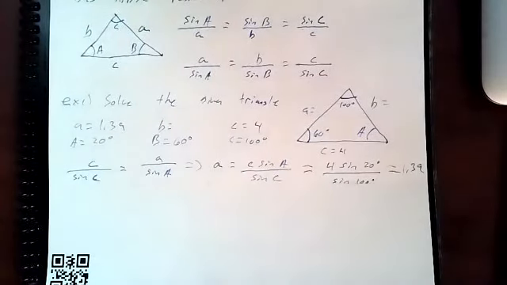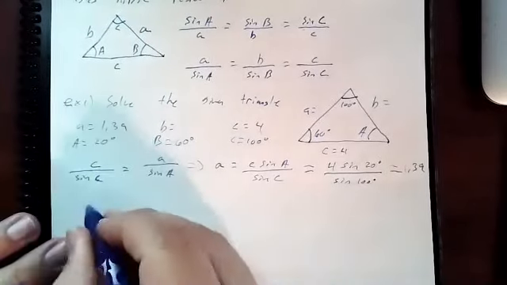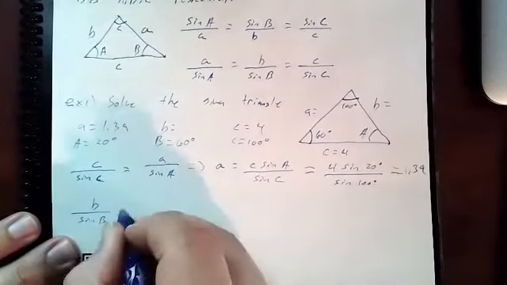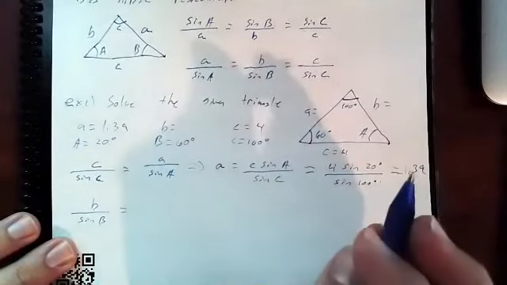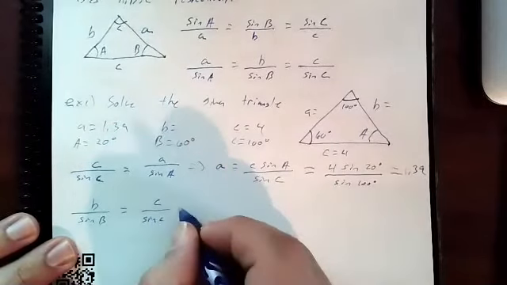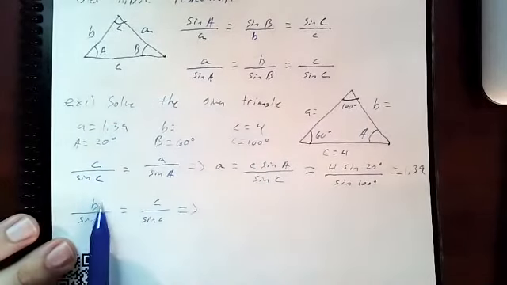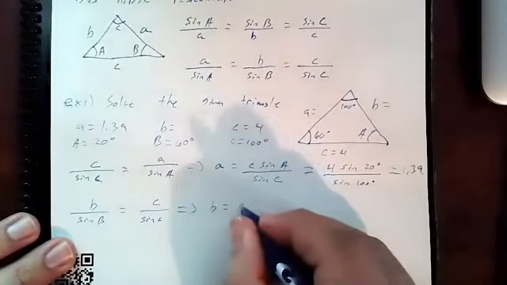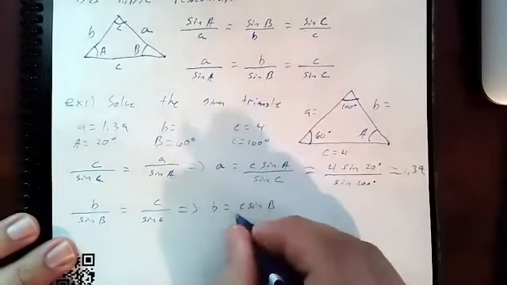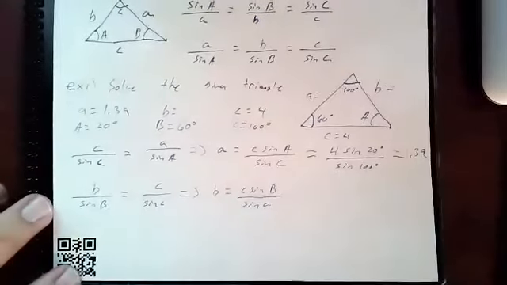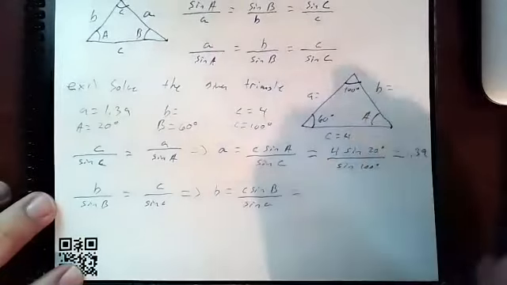Now I'll do the same for b. So I want to find b. So b over sine B, I'll set that equal to the one that I know, and that's c over sine C. Do your algebra and isolate little b. b will equal c sine B over sine C. Just plug all that in and you'll get b.